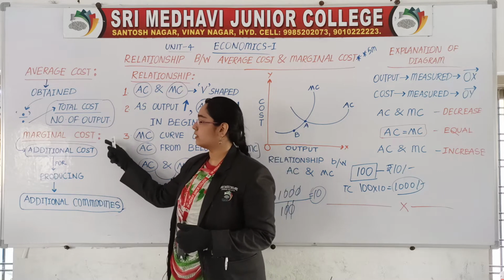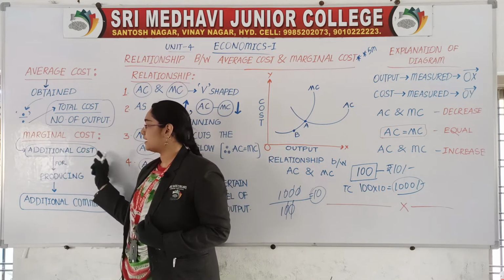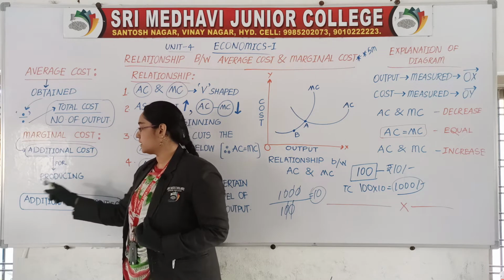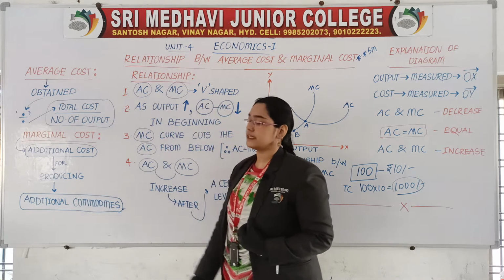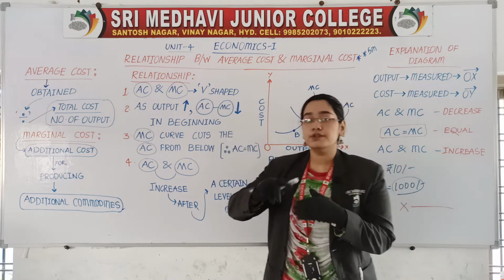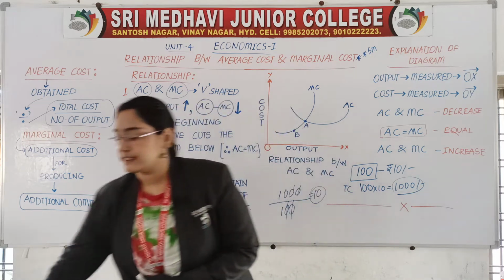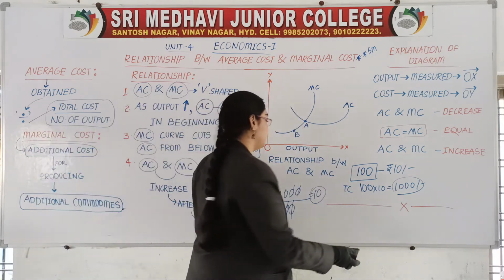Let us see what is marginal cost. Marginal cost is the additional cost for producing additional commodities. For example, let us take one more example.